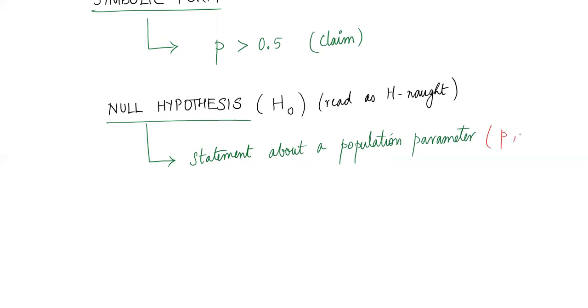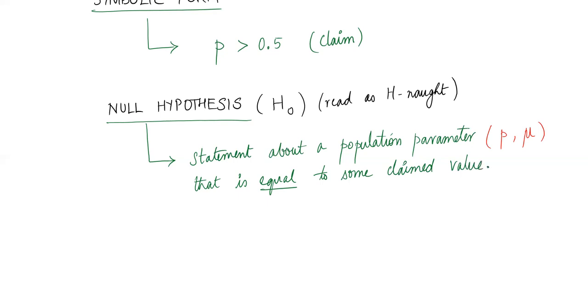From what we know, we are using P for proportion, mu for mean, right? Population. Just think of that. It's a statement about a population parameter that is equal, that's the key part, equal to some claimed value.